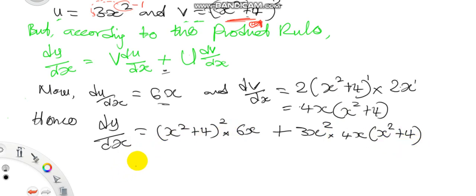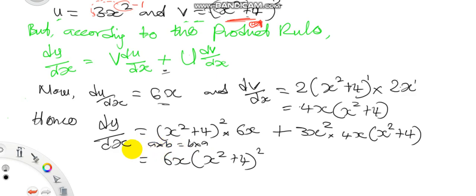Now we can simplify our derivative further. Let's make this easy by saying 6x into (x squared plus 4) all raised to the power 2. Remember, a times b is equal to b times a, so rearranging it makes it look simpler.